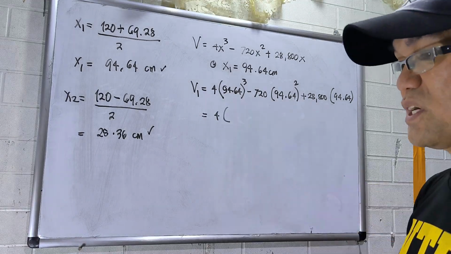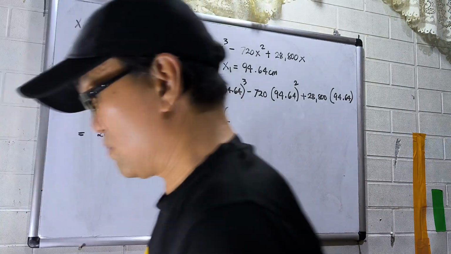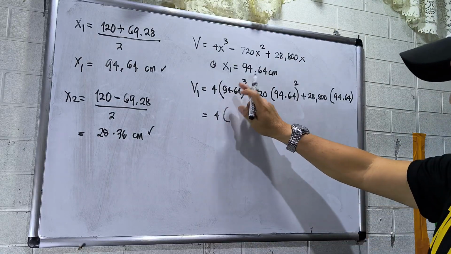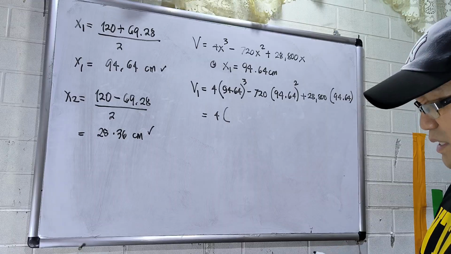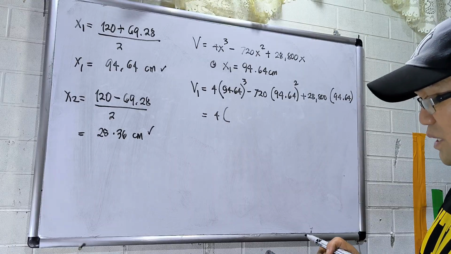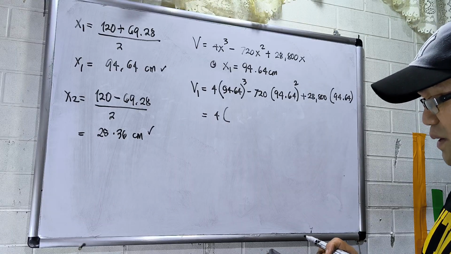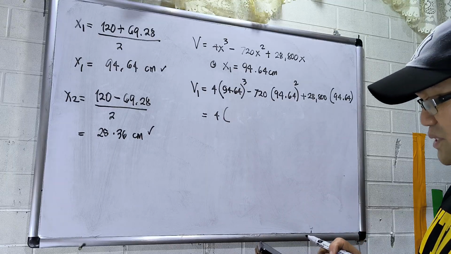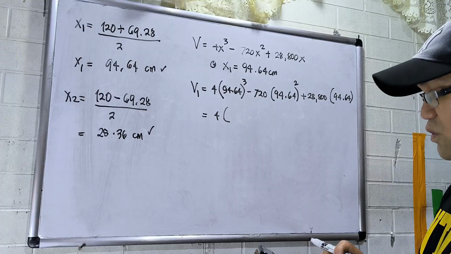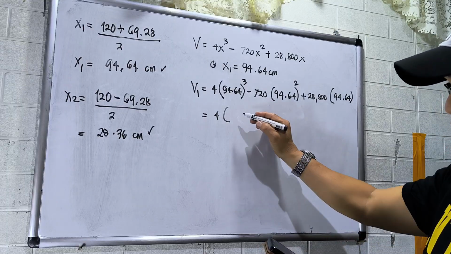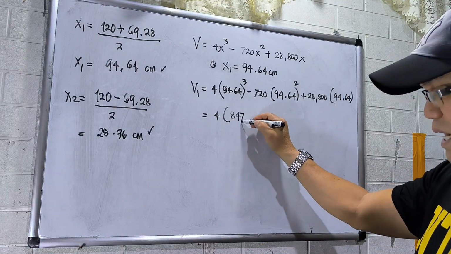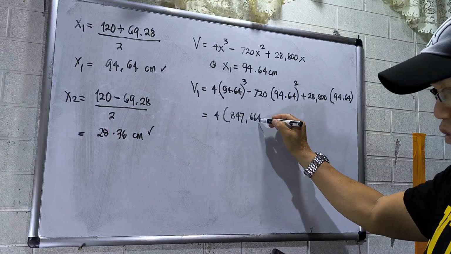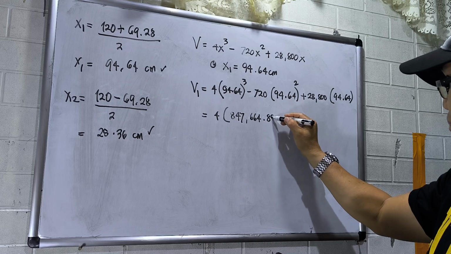So for 4 times 94.64 cubed, meaning we have to multiply 3 times. So 94.64 times 94.64 times 94.64. So this will be 847,664.89.